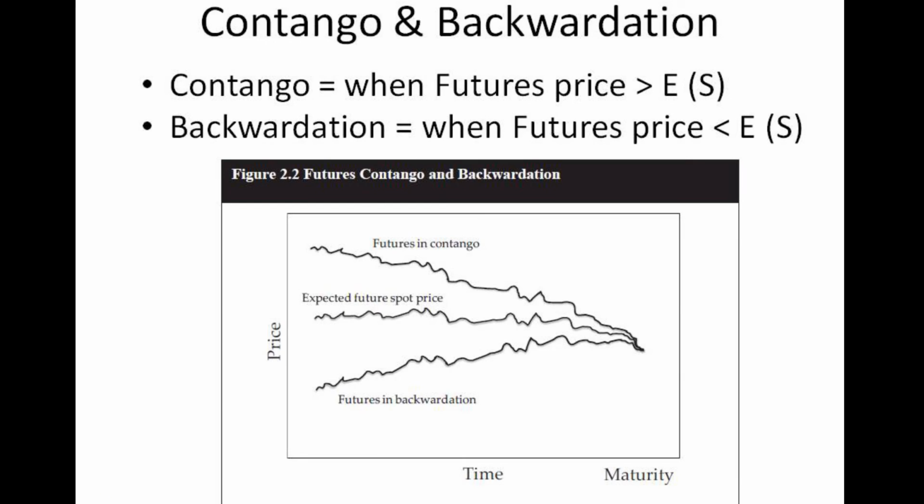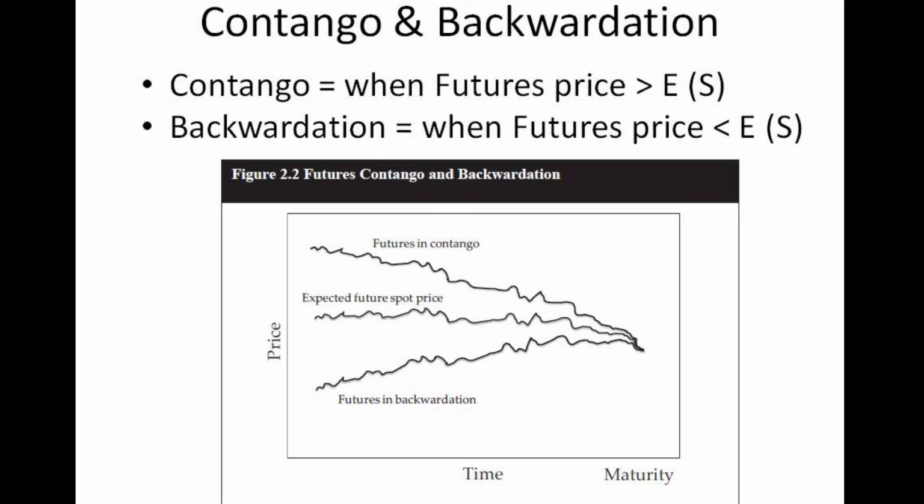So our next slide now is on contango and backwardation. Contango is when the futures price is greater than the expected spot price, and backwardation is when the futures price is less than the expected spot price. So really, this usually relates to things like cost of carry.